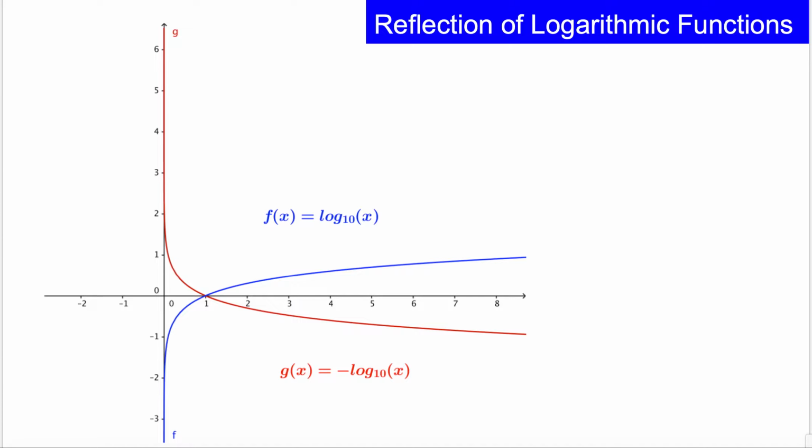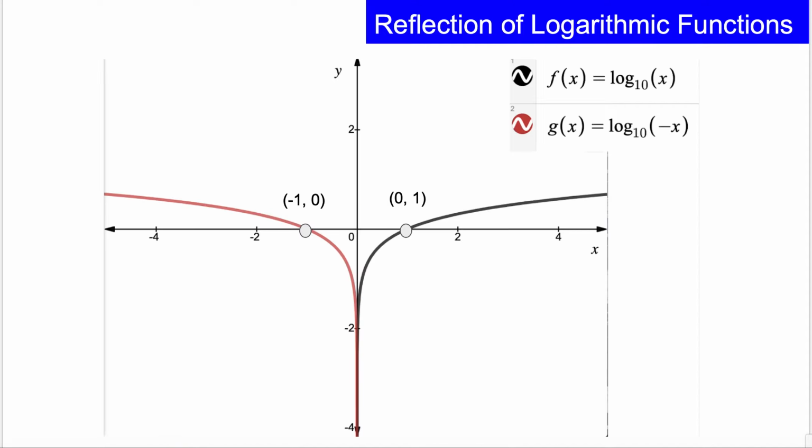And now, if we have a parent function, f of x, the same, log base 10 of x, and if we change the sign of the argument, a minus here, we create a new function, which is g of x.